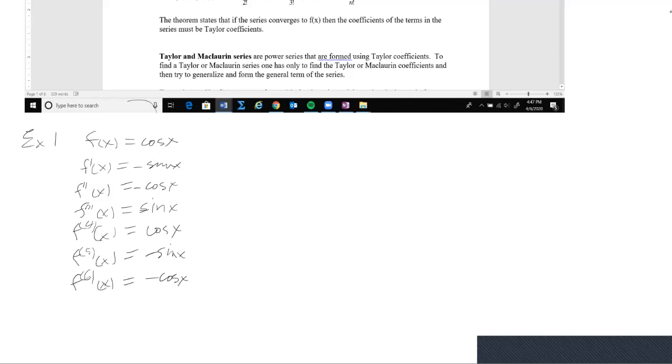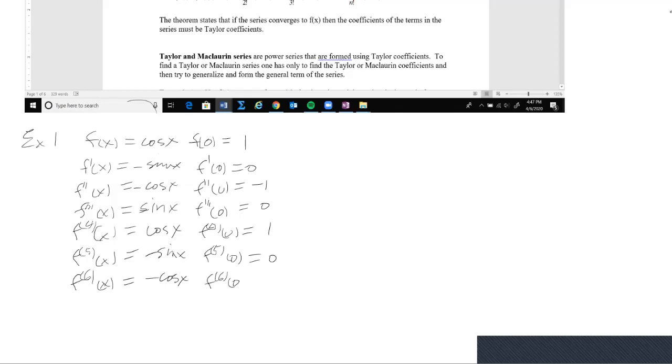And now evaluating, if it's a Maclaurin series, we're going to evaluate about 0. So f of 0 would be 1. F prime of 0 would be 0. Double prime of 0 is negative 1. Triple prime at 0 is 0. Fourth derivative at 0 is 1. Fifth derivative at 0 is 0. And the sixth derivative, we'll stop there.